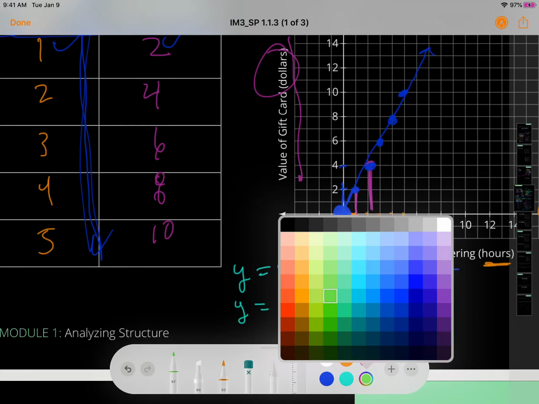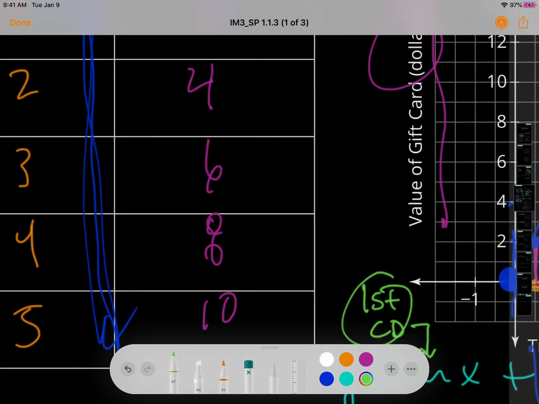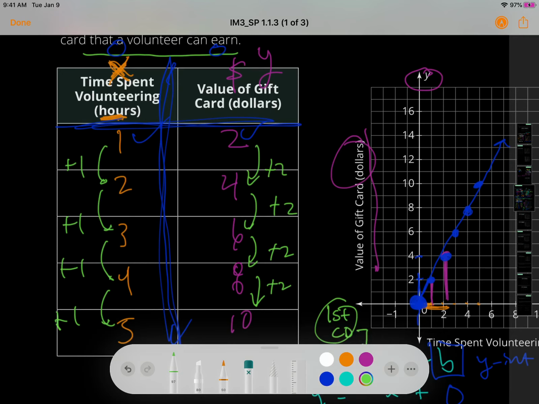The m value is going to be my first common difference. Plus 1's over here. What's over here? This one's going to be 2.